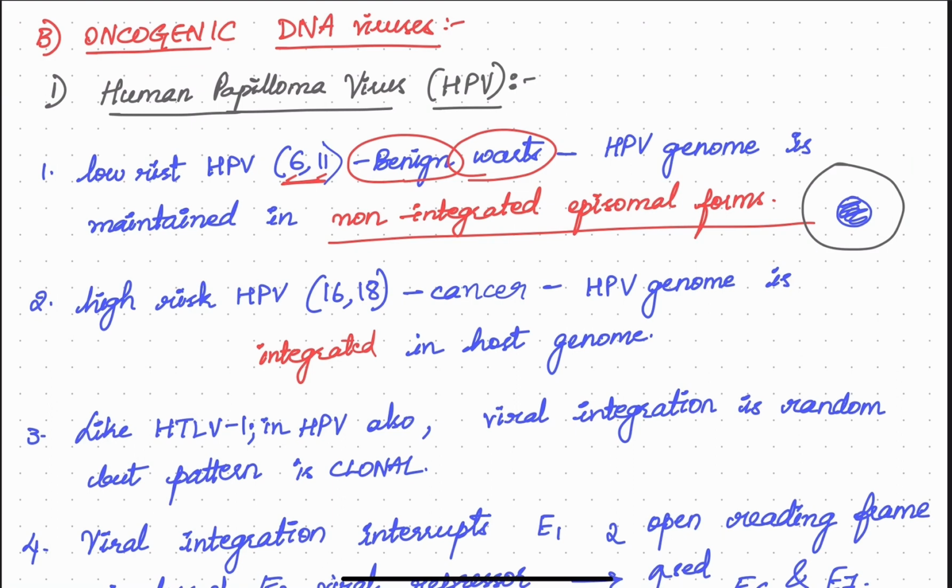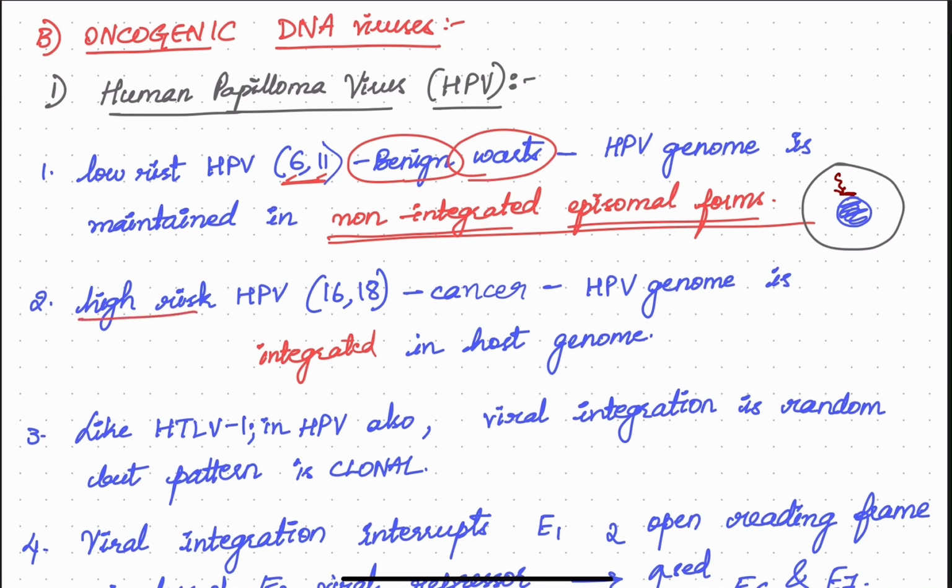When it is infected with the HPV virus, the virus enters the nucleus but remains non-integrated. It does not mix or attach to the host chromosome. It remains as a separate entity, and the host and the viral genome replicate separately. So it is said to be in a non-integrated episomal form, which is the reason why it is of benign nature.